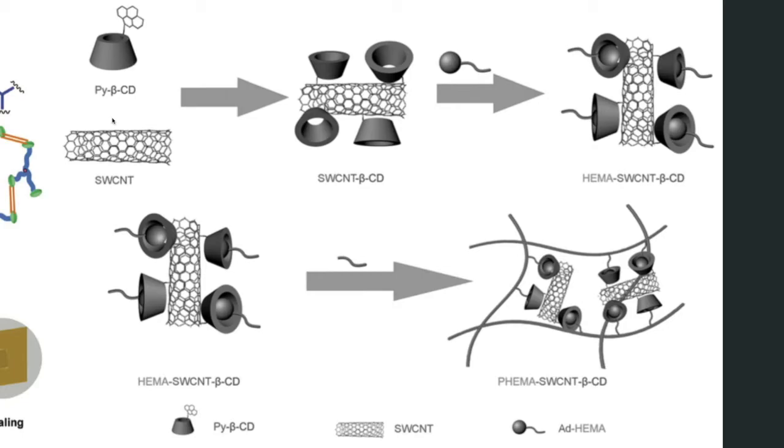So we incorporate this cyclodextrin binding to the single walled carbon nanotube, and incorporate this hydroxy methacrylate. See, it has a head and a tail, right? So it's hydrophilic and hydrophobic, and it makes a good pathway here, binding this cyclodextrin.